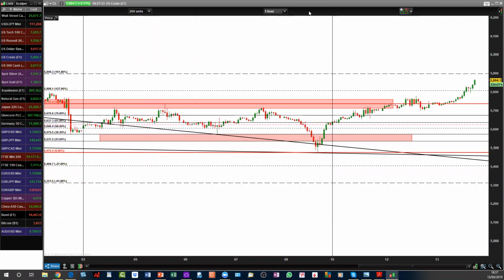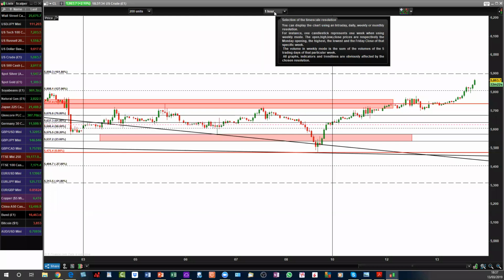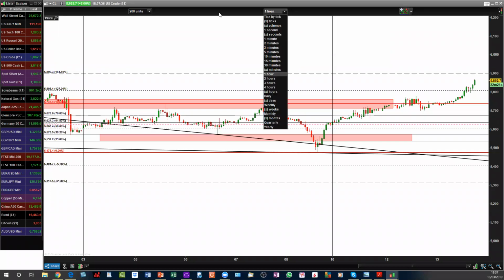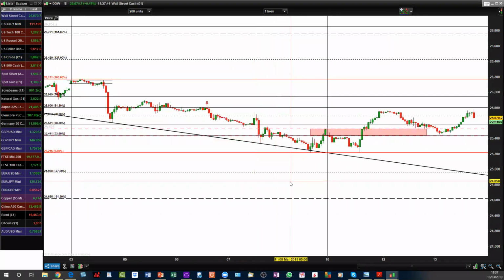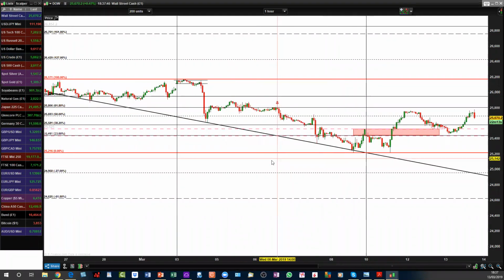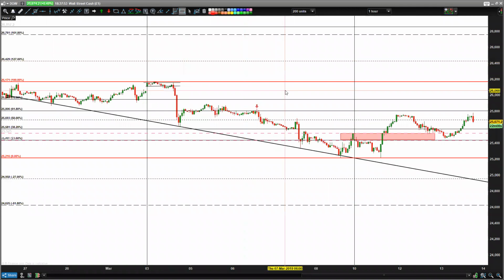Indices are proving to be quite choppy this week, but not unusual given triple witching on Friday. But nice and volatile, very, very nice and volatile. You can see my 60-minute charts. When I did my video on Sunday, I was hoping for that to knock into that area there for a short.